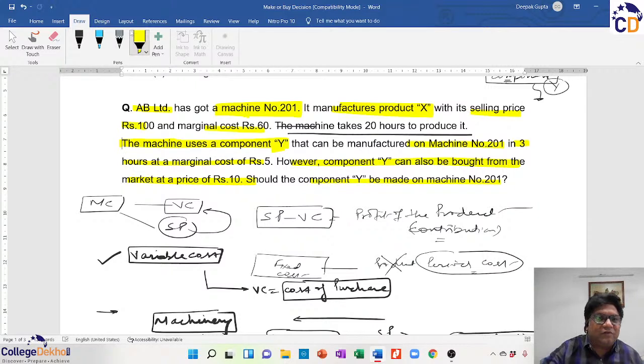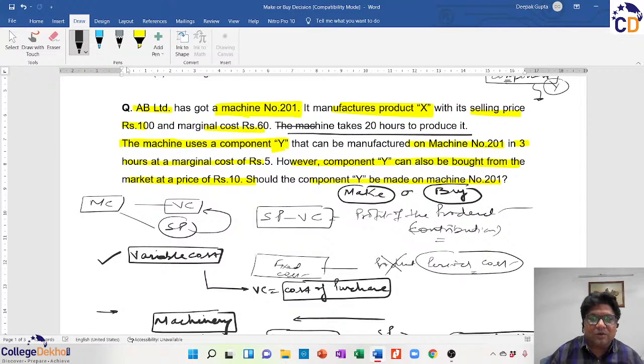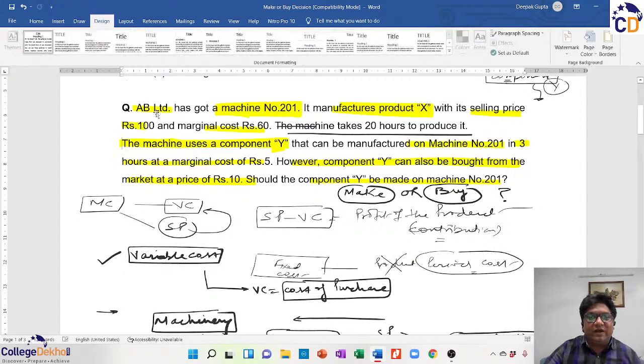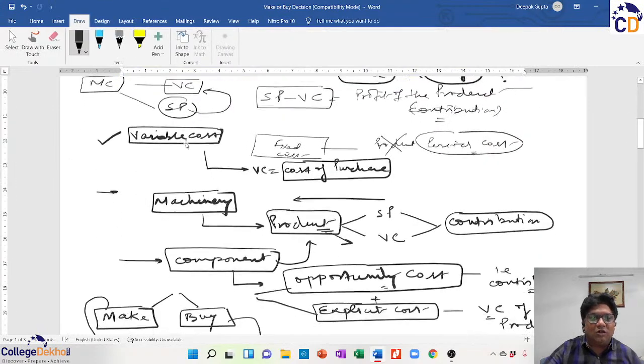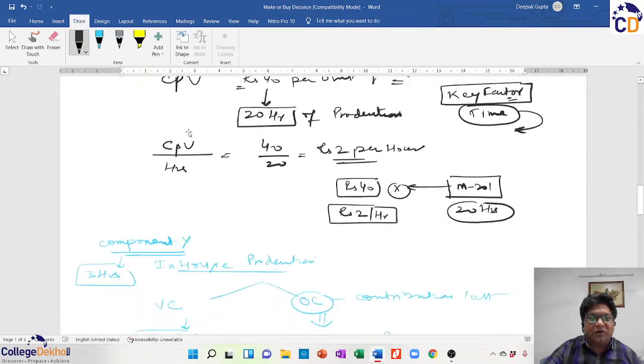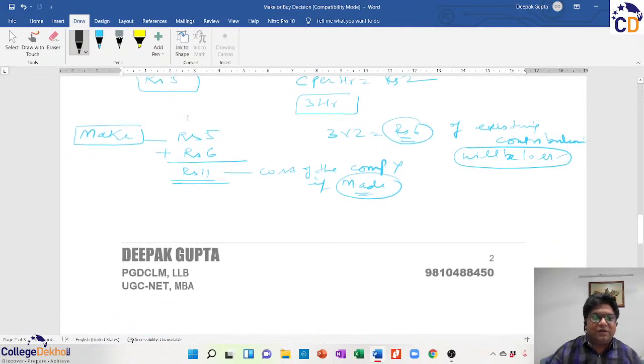So the question is whether the component should be made or not. It is a perfect make or buy decision: whether this component should be made in-house or bought from outside. And for that we seem to have done all the calculations, because if I buy the product, the purchase price is the cost of the product, that is ₹10.